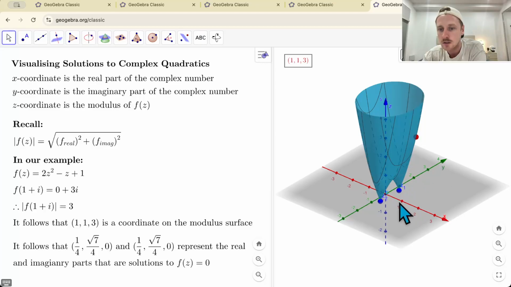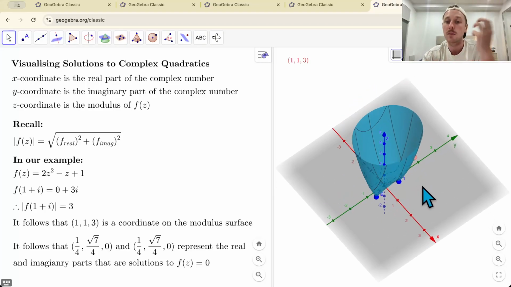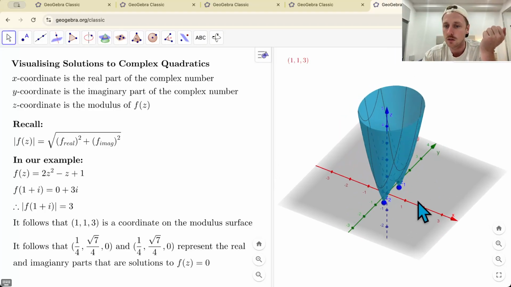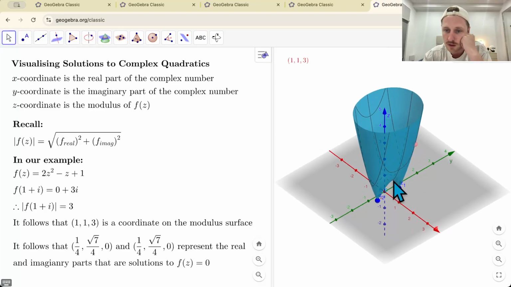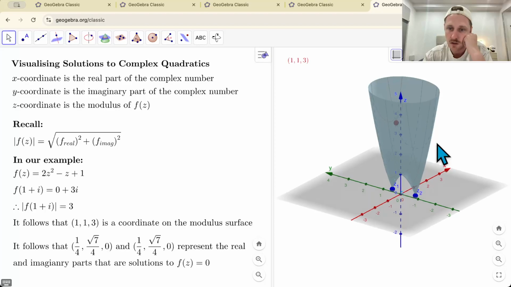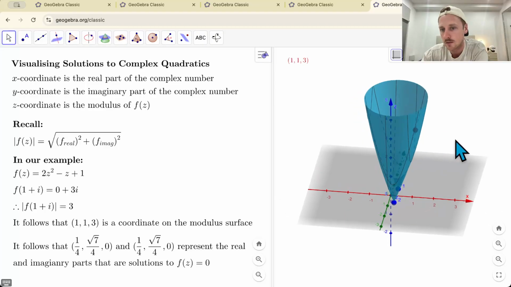So what we're saying is, for some x input, which is the real part of the complex number, and for some y input, which is the imaginary part of the complex number, and the third value outputs the modulus of f of z. And so that's just mapping all of those values, right? So, if you picked x being 1/2, you would end up at some other point on this surface. So this is the modulus surface, which represents the complex quadratic, or the modulus of the complex quadratic.